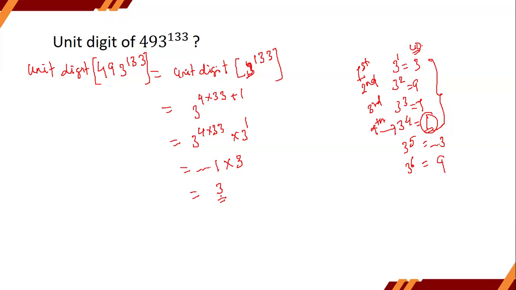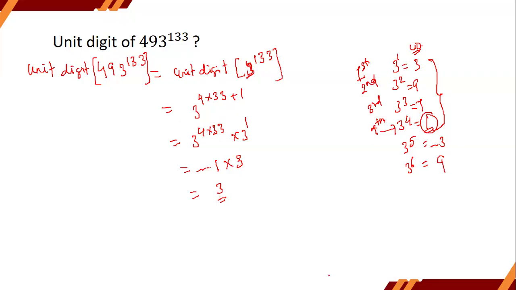That is, we will find the repeated pattern. Once we get the repeated pattern, we see after which term it is repeating. Then, whatever power is given, write it as a multiple of that term.